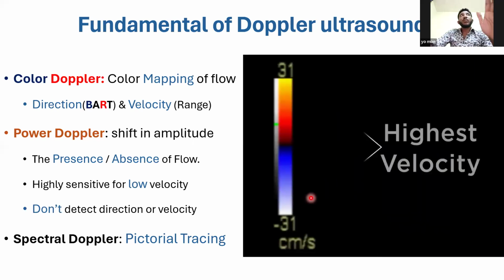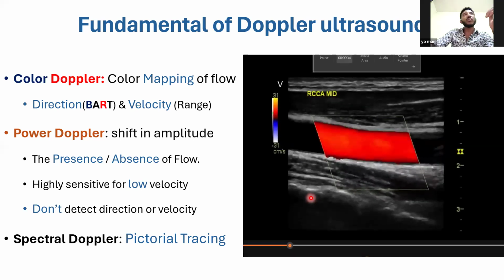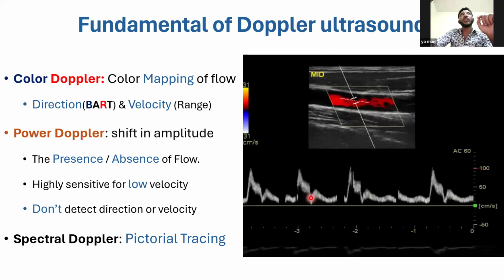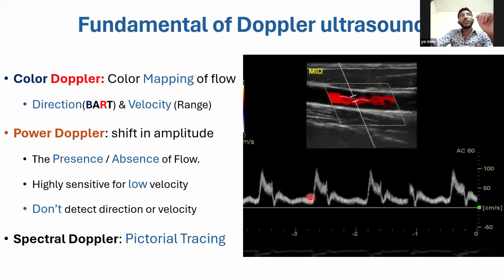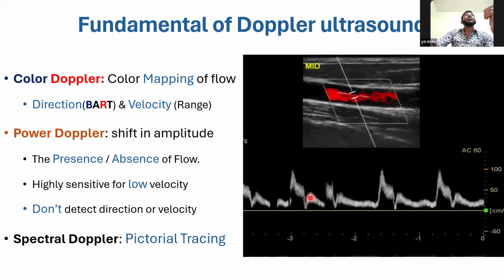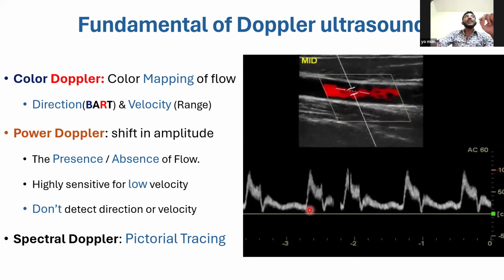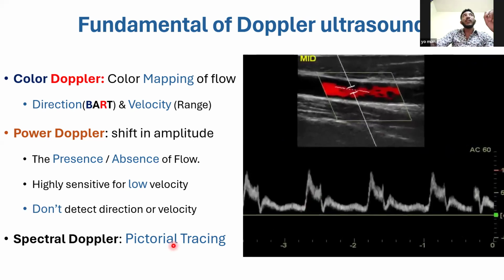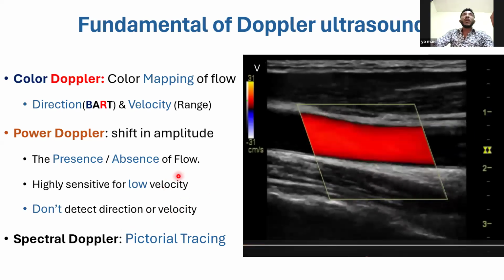The difference between color Doppler and power Doppler is that power Doppler only picks up a shift in amplitude. It doesn't show us the direction. So it's basically the presence and absence of flow. But unlike color Doppler and spectral Doppler, power Doppler has its own advantage. It's highly sensitive for low velocity, and it doesn't detect direction.